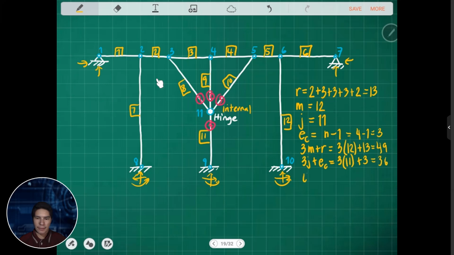So the degree of indeterminacy is just 3m plus r minus 3 joints plus EC. So it is 49 minus 36. We have 13 degrees indeterminate.